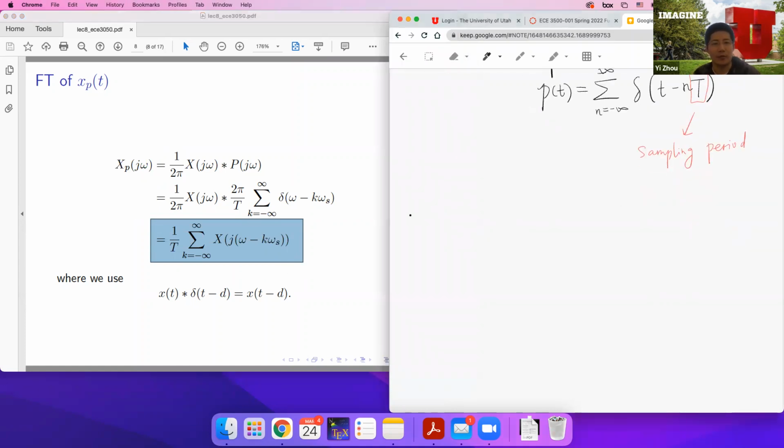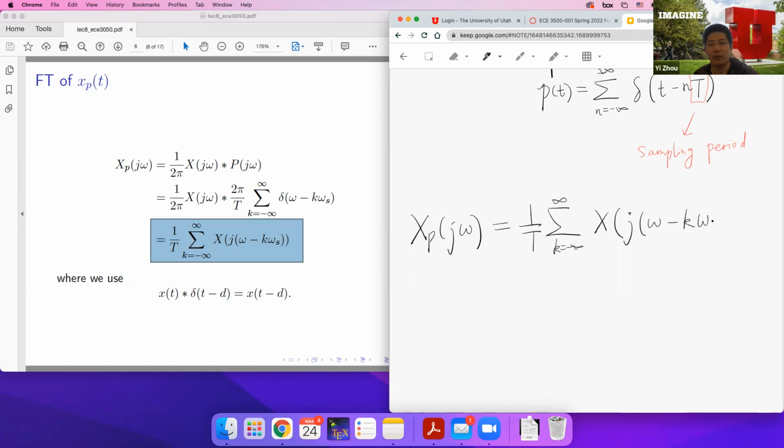The spectrum of the sample signal is given by 1 over T, summation over k, of X(j(omega minus k omega_s)).